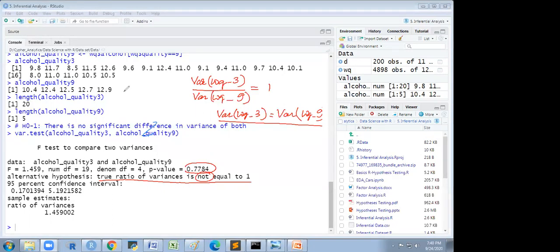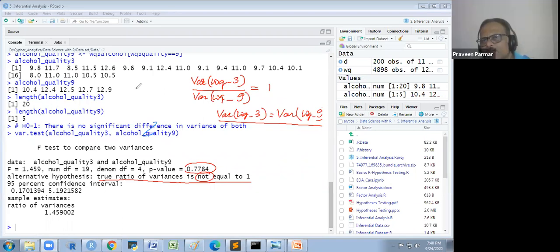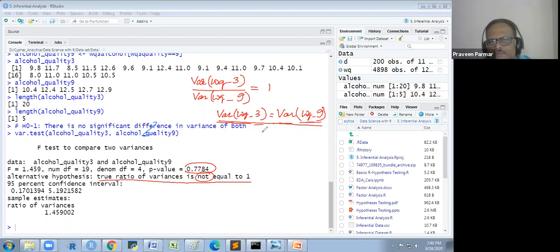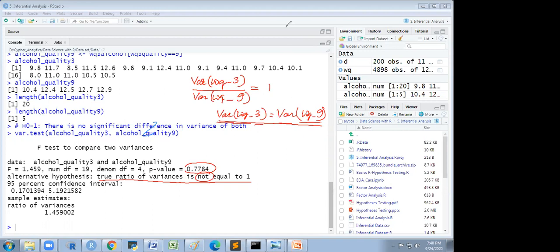If we directly apply the parametric test, I will explain the mistake in the result. Does everybody understand this?